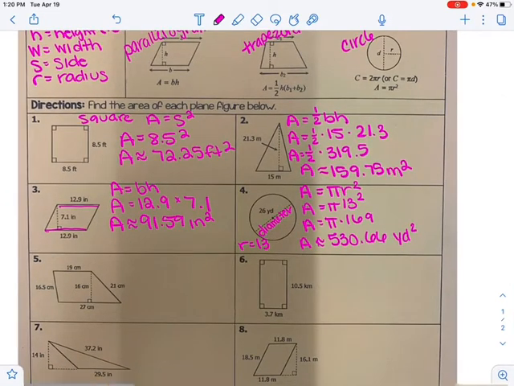Number 5 is a trapezoid. So the area of a trapezoid is 1/2 times the height, which is multiplied to the sum of the two bases. So we're just going to plug in. The 1/2 stays 1/2. The height, again, when we say height, we say the vertical height, no slant whatsoever. So it'd be 16 in this case. And then 19 plus 27.